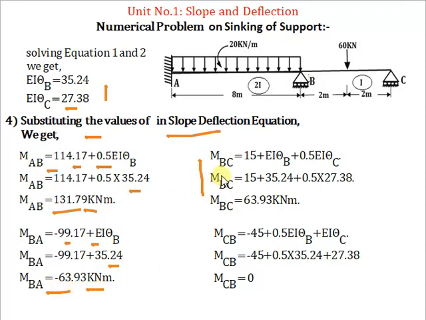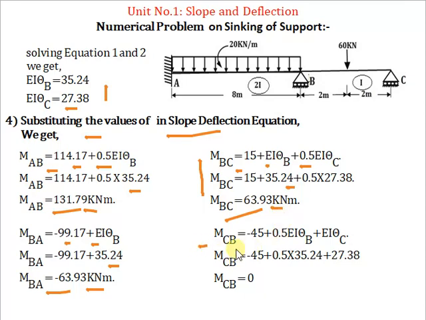Same way, let's calculate for the BC. MBC is equal to 15 plus EI theta B plus 0.5 EI theta C. Putting the value of EI theta B and EI theta C, we have MBC is equal to 63.93 kilonewton meter.